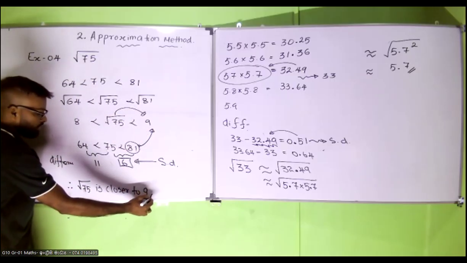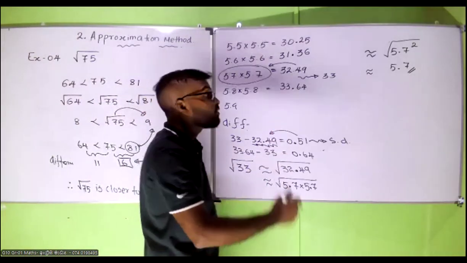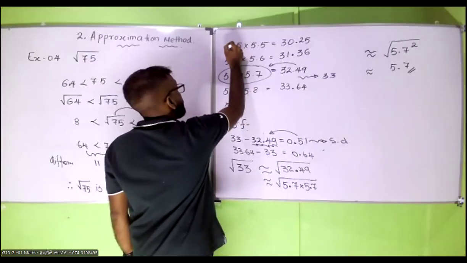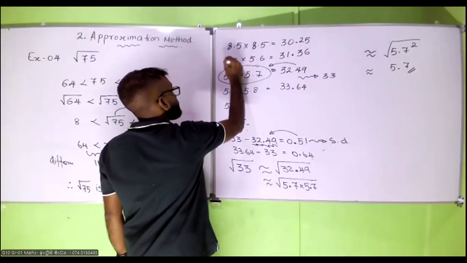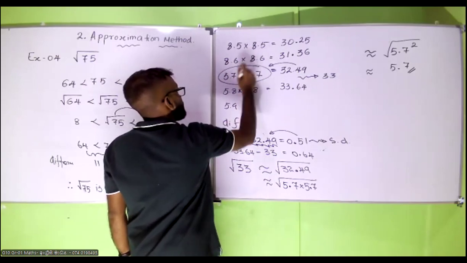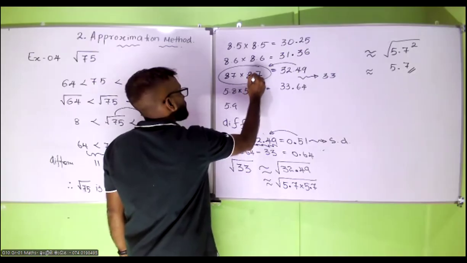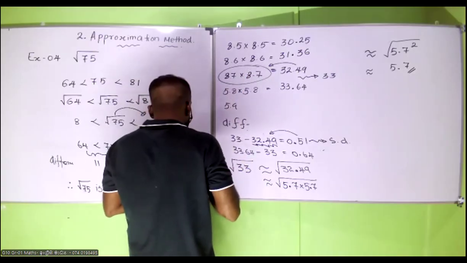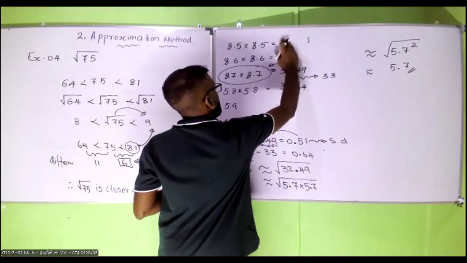So this is it. Closer to 9, begin from 8.5. So 8.5, 8.6, 8.7. So how do we get 8.6 times 8.6?